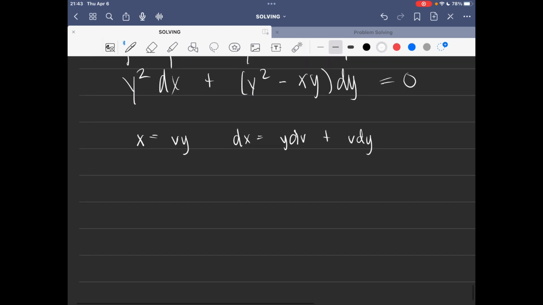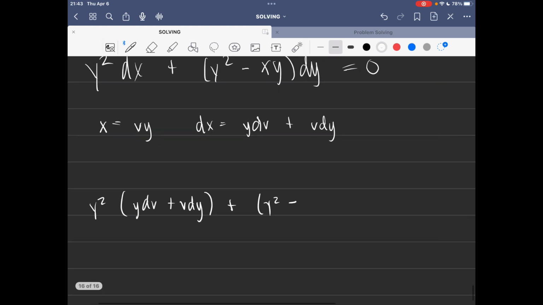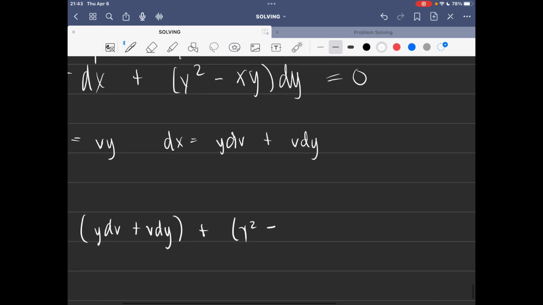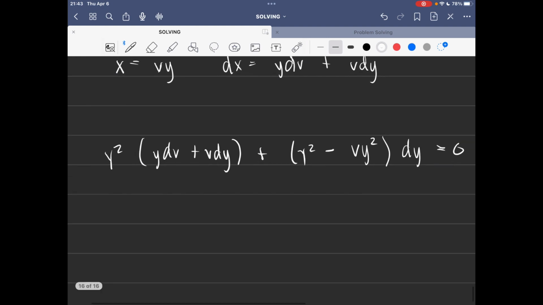So y squared times dx is y dv plus v dy, plus (y squared minus x, which is vy, then multiplied by y), and we get vy squared times dy is equal to 0.